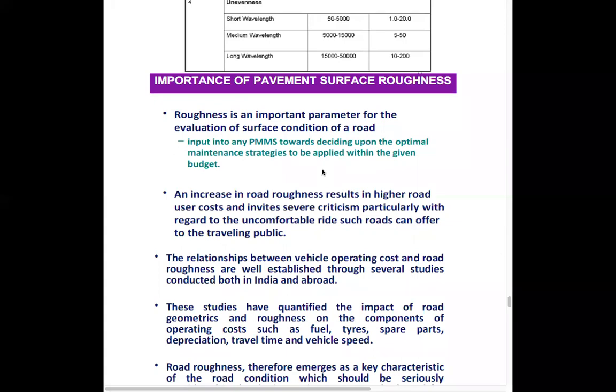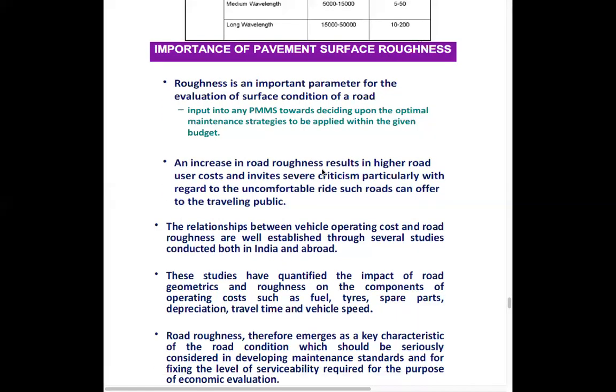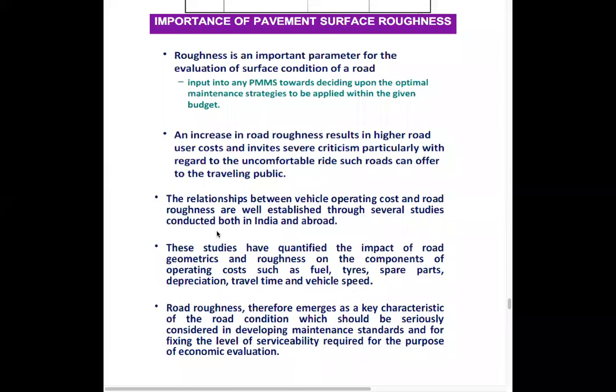through the roughness parameter. Okay, you can see an increase in road roughness will always result in higher user cost, either in terms of vehicular cost or damages caused due to accidents. Increase in road roughness will lead to higher vehicular cost and invites severe criticism, particularly with regard to uncomfortable ride on such roads by the end users, like traveling people.